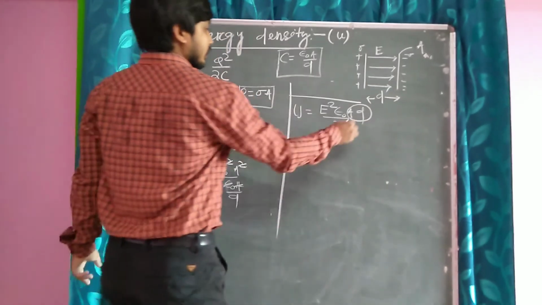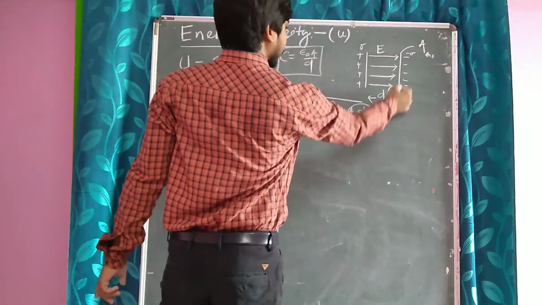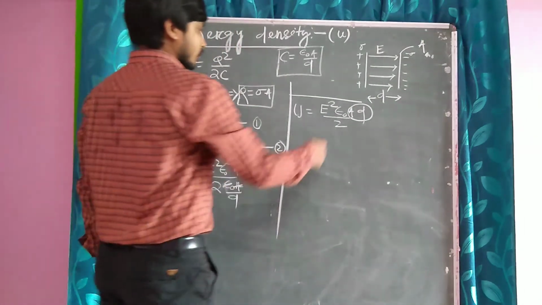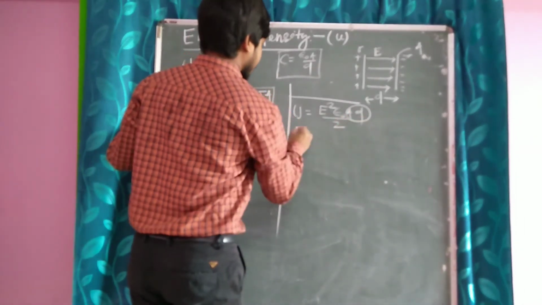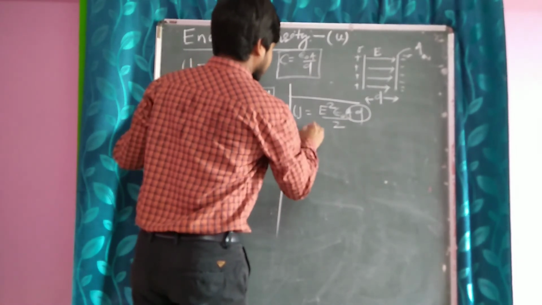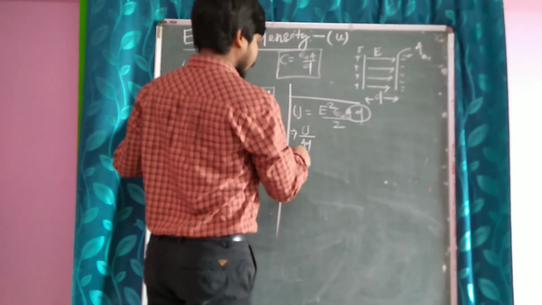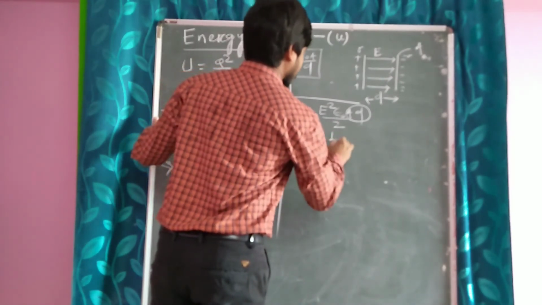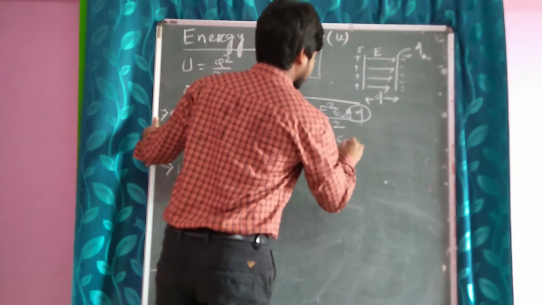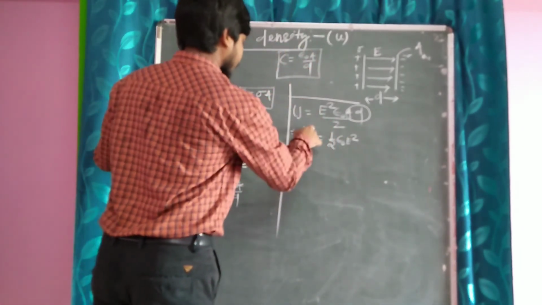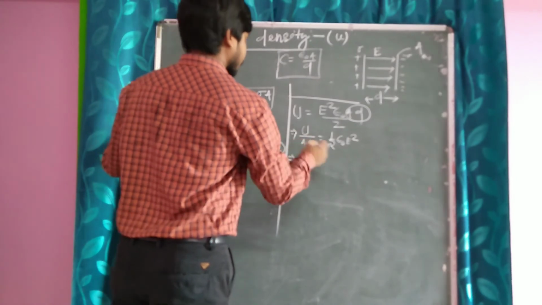That means A into D will give you the volume of the region in which the electric field is present. So this will be your V. So this implies that U by AD, the volume, will be equal to half epsilon naught E square, which is our energy density, energy per volume.